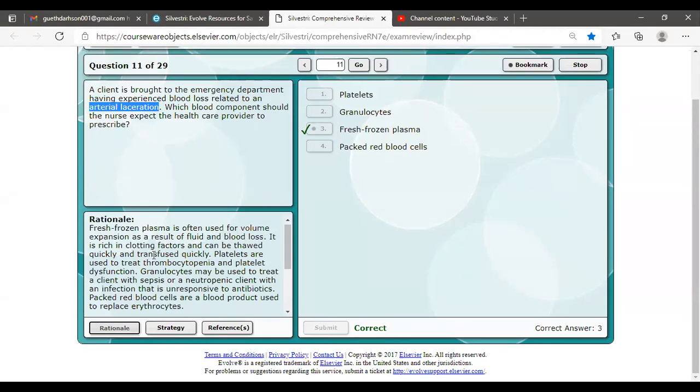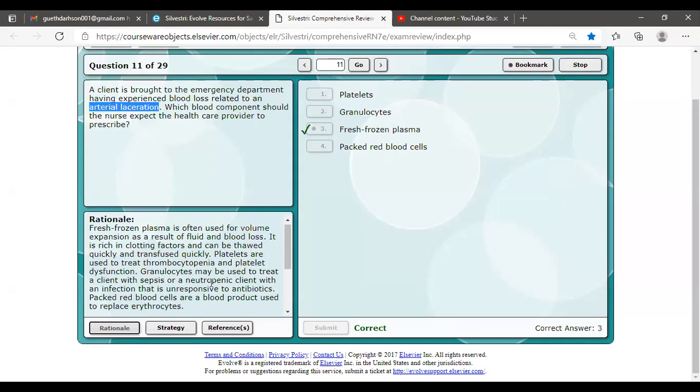So next here, platelets are used to treat thrombocytopenia or platelet dysfunction, like bleeding tendencies. And also, they said granulocytes may be used to treat a client with sepsis or a neutropenic client.